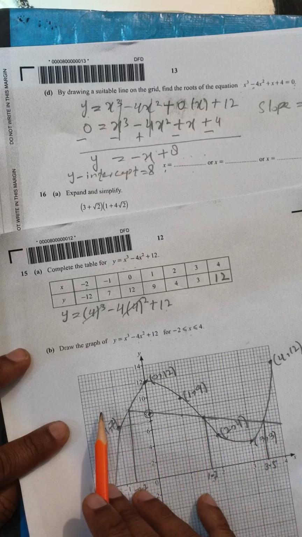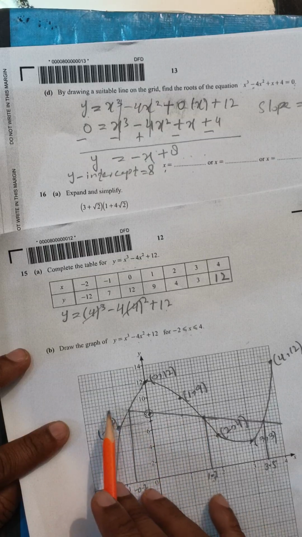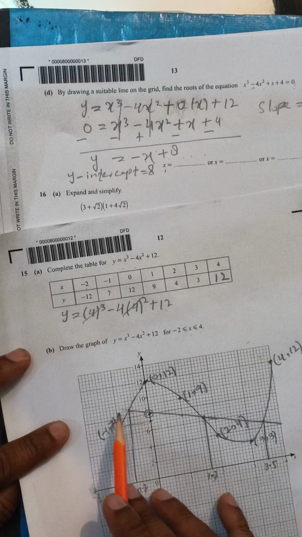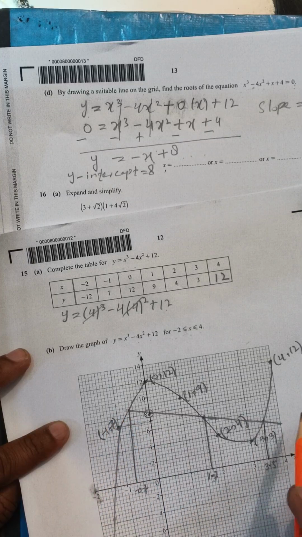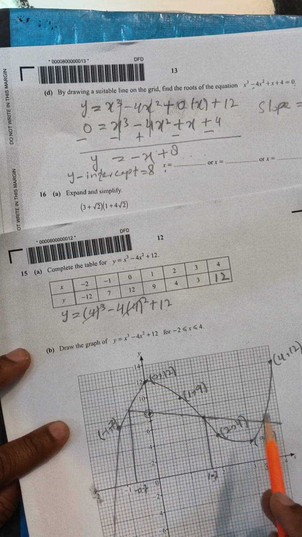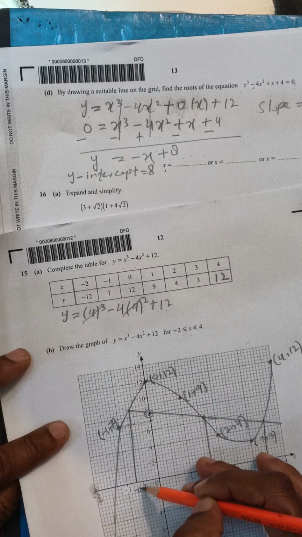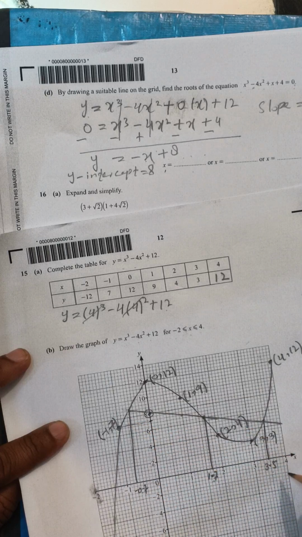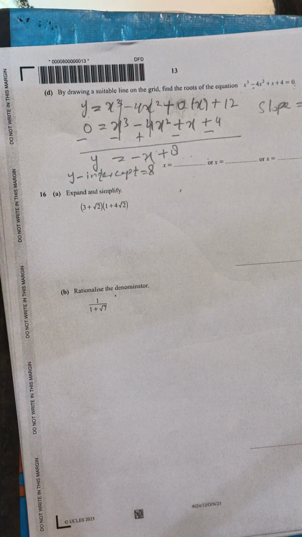So finally you have an intersection point here, and another intersection point here. We join these two intersection points with a scale or a straight line, and that line passes through the previous curve at this point and this point, and we join with a vertical line till the x-axis to get the roots of the equation, the value of x, because that was the requirement of our question.